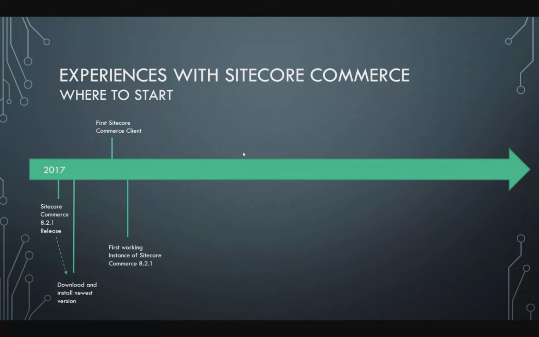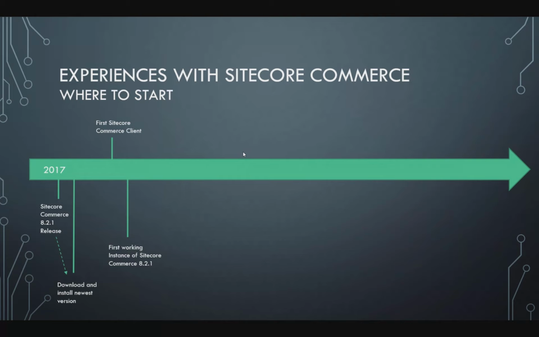And maybe you see the first working instance of Sitecore Commerce 8.2.1. It really took me weeks, even months, to bring that initial release to life. It was quite hard to work with that version. It was new. It felt like some kind of alpha or beta test, really buggy. Sitecore knew that, and it was, I would say, a first approach which was not production ready.